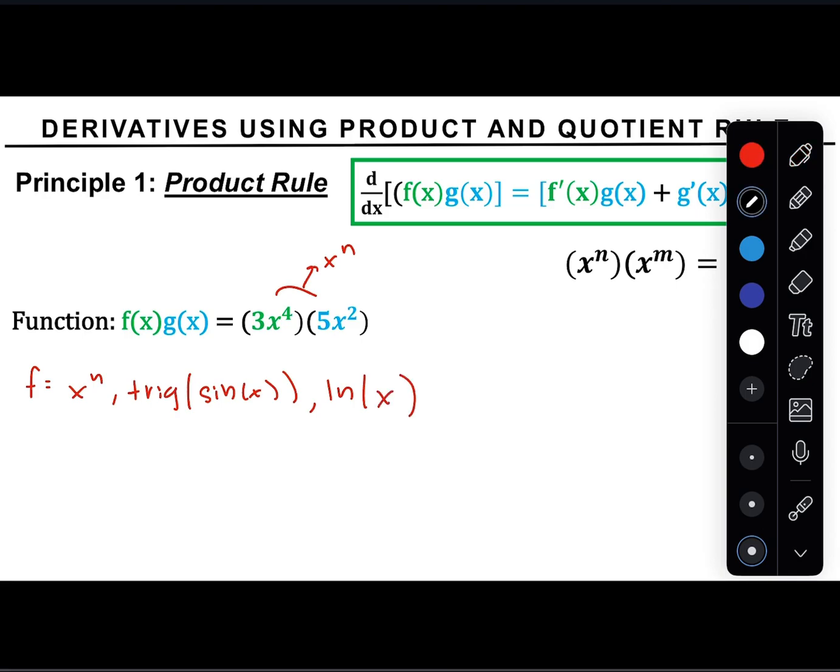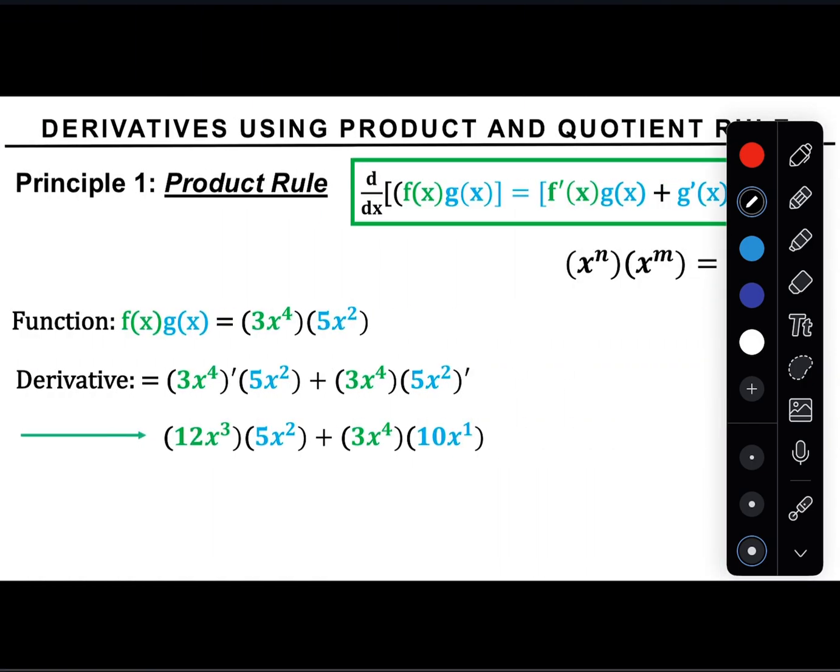So let's identify our f. F is 3x to the fourth. G is going to be 5x squared. Let's take the derivative of these. Derivative of f, g coming down. Then derivative of f again, this is going to be the normal function of f.